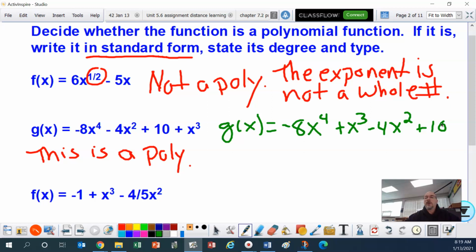Now, state its degree and type. Well, degree 4, which is quartic.